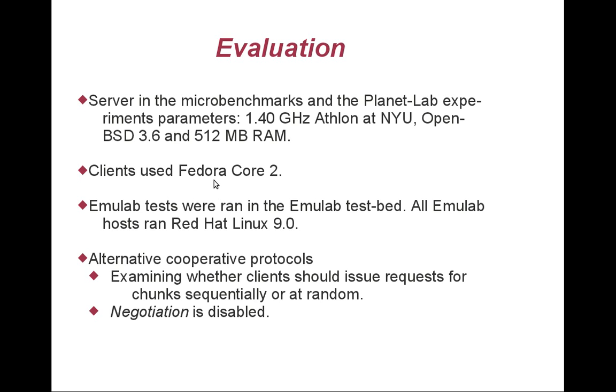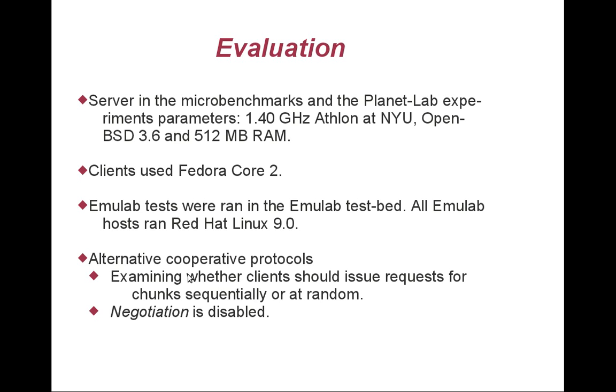The clients used Fedora Core 2. The Emulab tests were run in the Emulab testbed, and they were all run on Red Hat Linux 9.0. And also, these are the things that were considered.